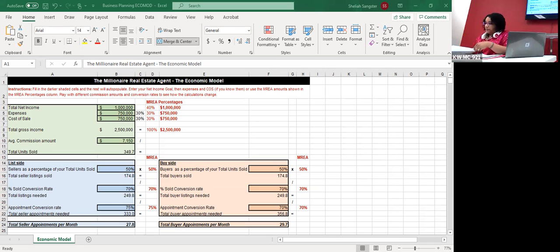And you want to go through and read the Millionaire Real Estate Agent, the pages that correspond with the economic model, so that you have a better understanding of what information you need to be putting in this section for yourself.